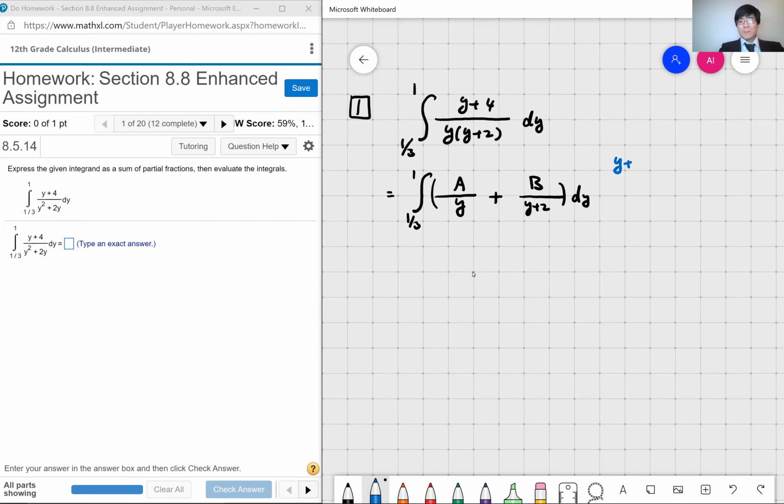So y plus 4 is equal to a times (y plus 2) plus b times y. Let's substitute y equals 0 to get 4 equals 2a, and y equals -2 to get 2 equals -2b. So a is equal to 2 and b is equal to -1.